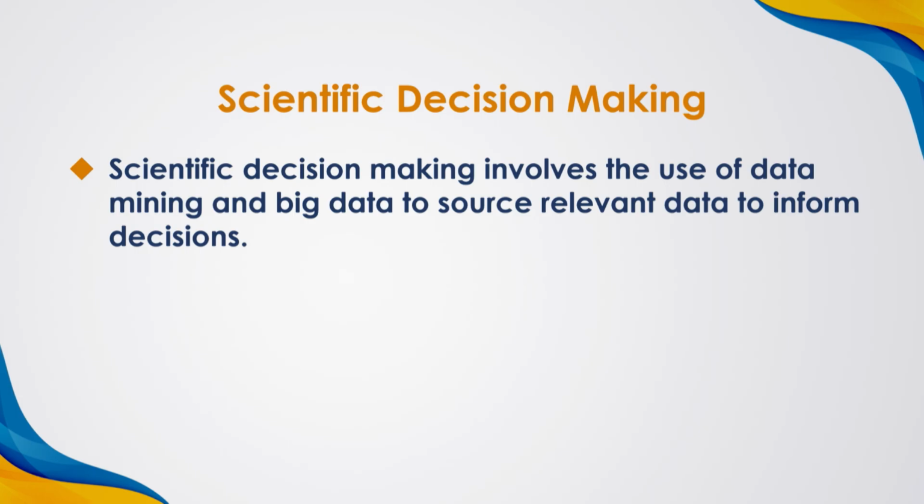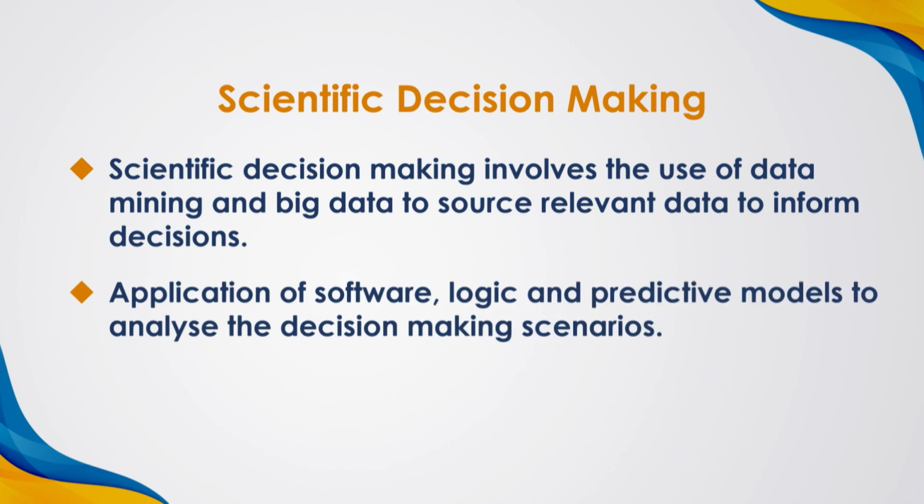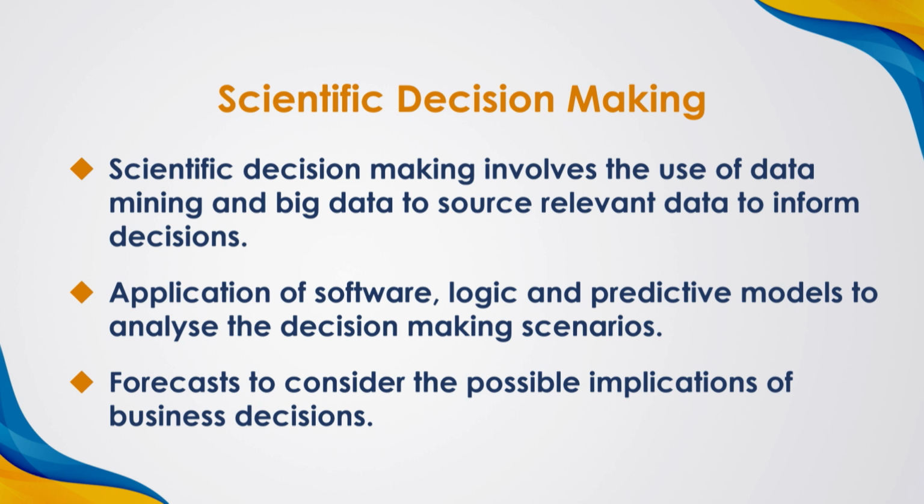It involves the use of data mining and big data to source relevant data to inform decisions, and applications of software, logic and predictive models to analyze the decision scenario, which is more scientific now. Forecasts to consider the possible implications of business decisions are the objective under this category.